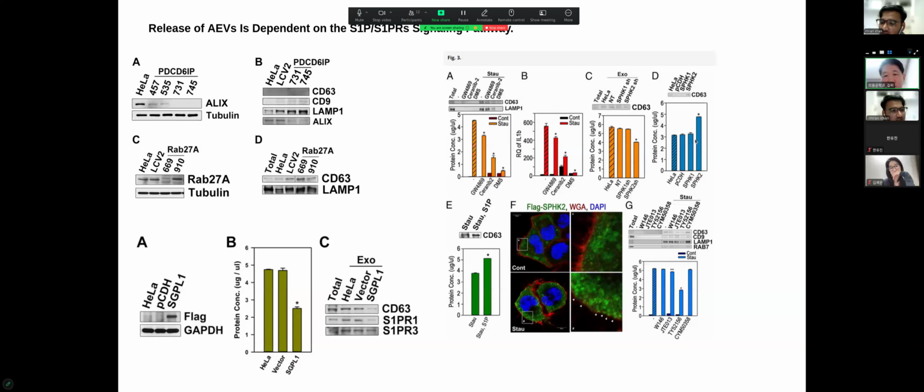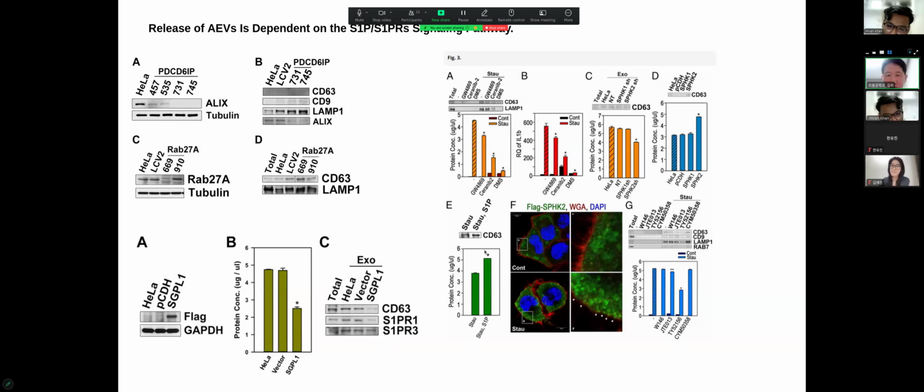Same when both were overexpressed in the cells, sphingosine kinase 2 had a major impact on the release of exosomes compared to sphingosine kinase 1, and it concludes that sphingosine kinase 2 is involved in the S1P mediated release of exosomes from dying cells.